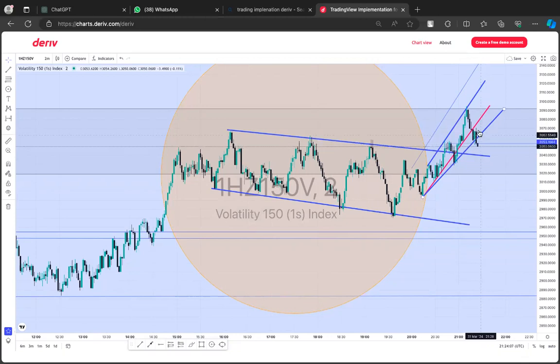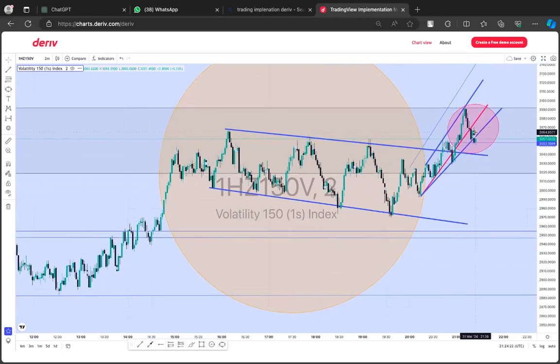If this breakout is going to be a false breakout, it means the price of the market is going to fall back here. So the flag is broken, then it's going to sell. But how are you going to be sure that it's not a false breakout?